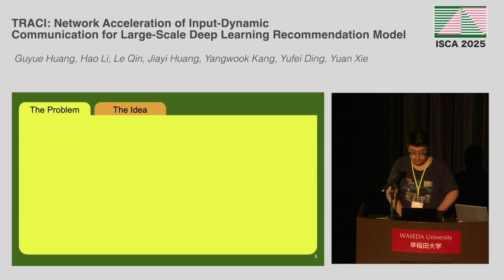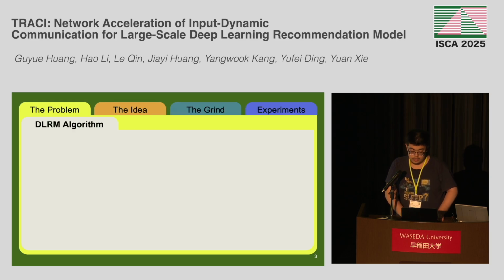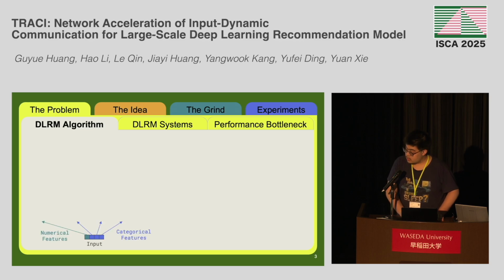And here's the outline of today's presentation. First, we'll see the DLRM algorithm and its systems. For the DLRM models, the input queries are sent into two parts. The left part targets numerical features, and it is sent to an MLP layer with about 100,000 parameters.